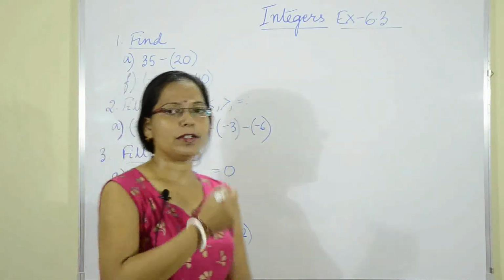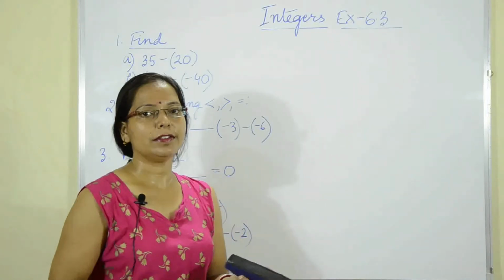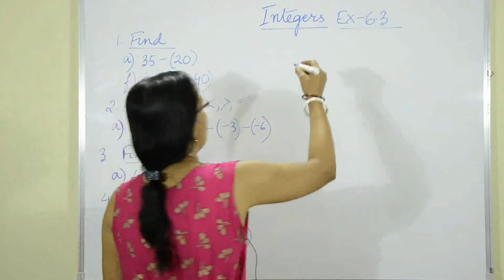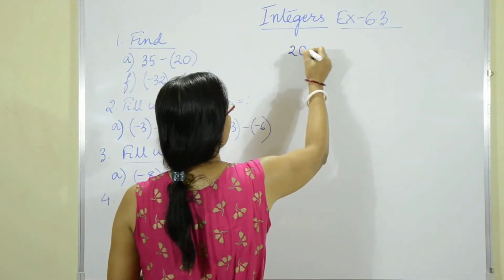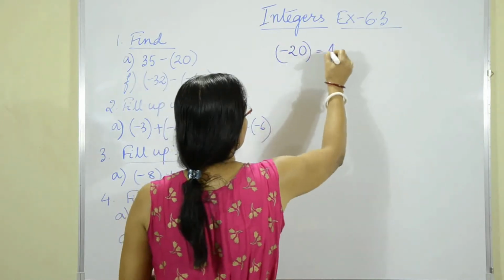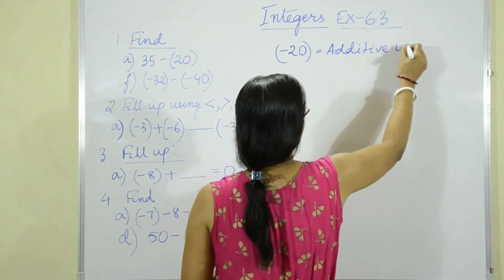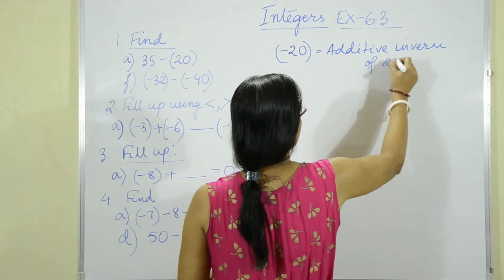Now as I go on discussing these sums, I will gradually tell you how to proceed with the subtraction of integers, right. Now 20, additive inverse minus 20. This is the additive inverse of 20.